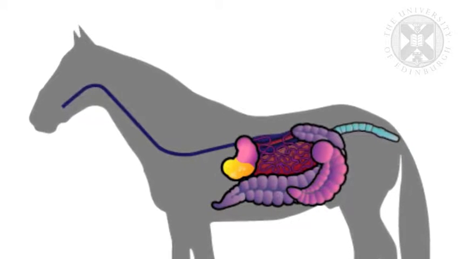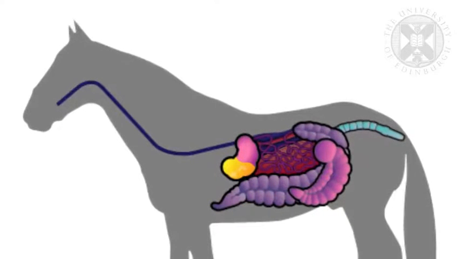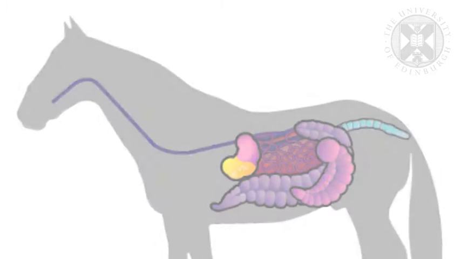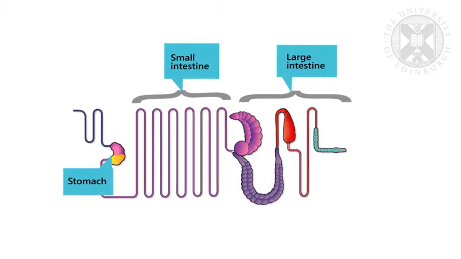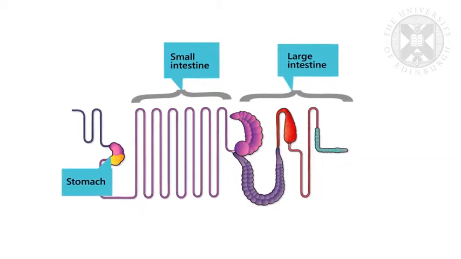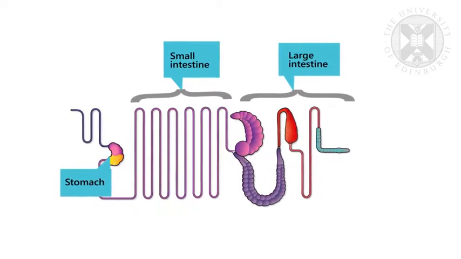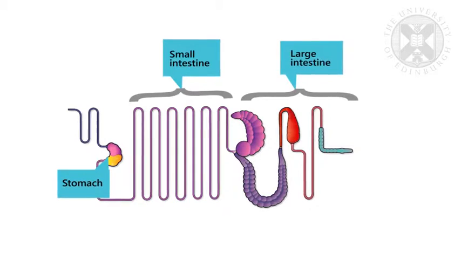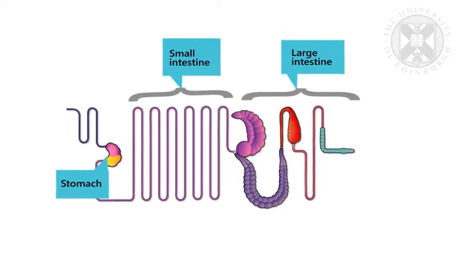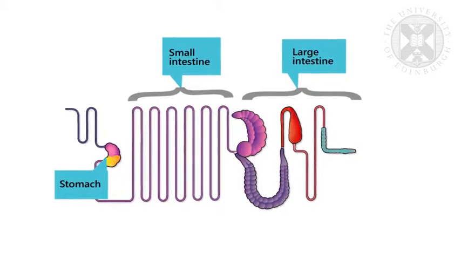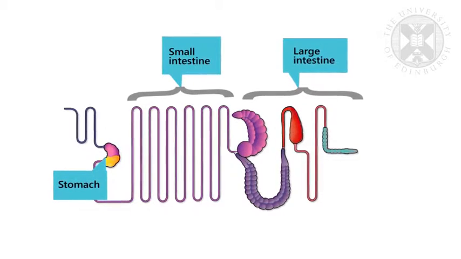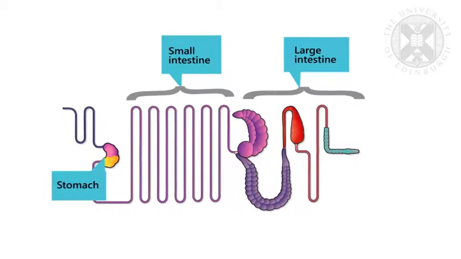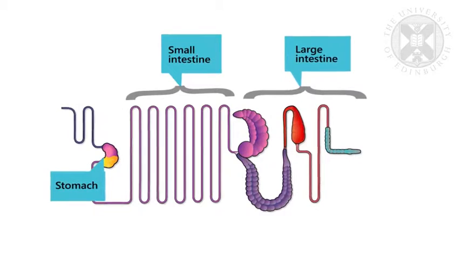We think of it as having three functional regions: the stomach and the small intestine, which collectively we often refer to as the foregut, and then the large intestinal environment, which we often refer to as the hindgut.